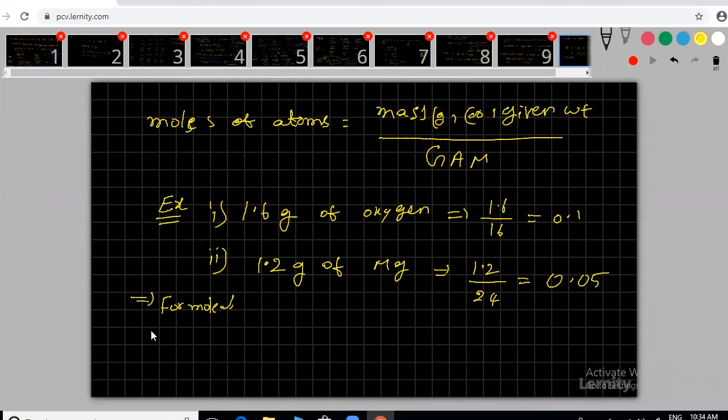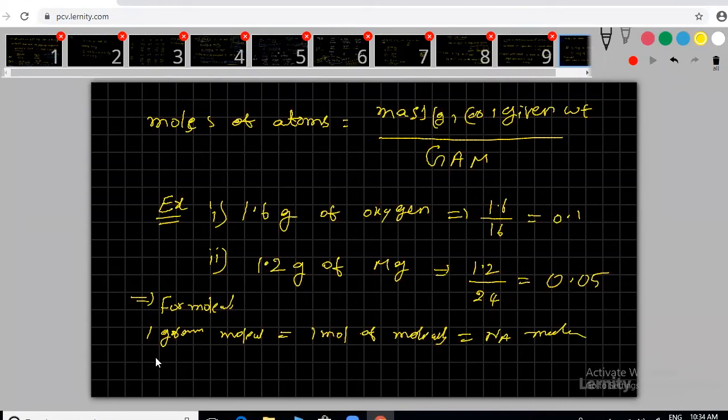Same, right? 1 gram molecule, same as it is. Gram molecule equals 1 mole of molecules, which equals NA, the number of molecules.